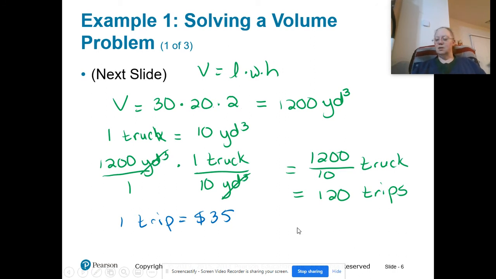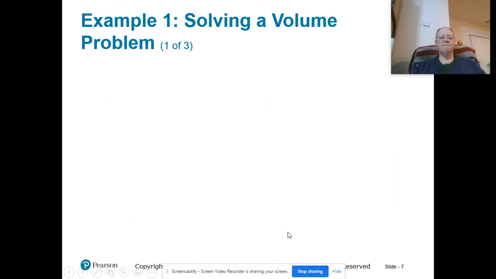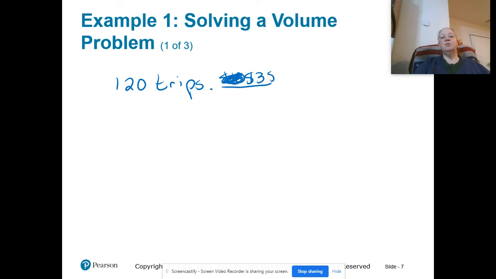So let's go to the next slide. And we have 120 trips. And again, we need the trip. Oh, I don't know why I put $10 there. It's $35 for one trip.